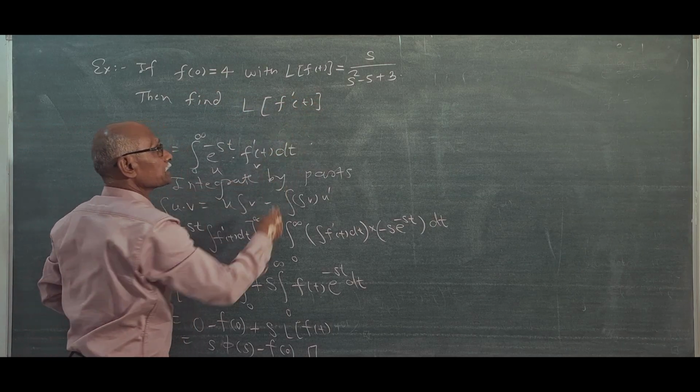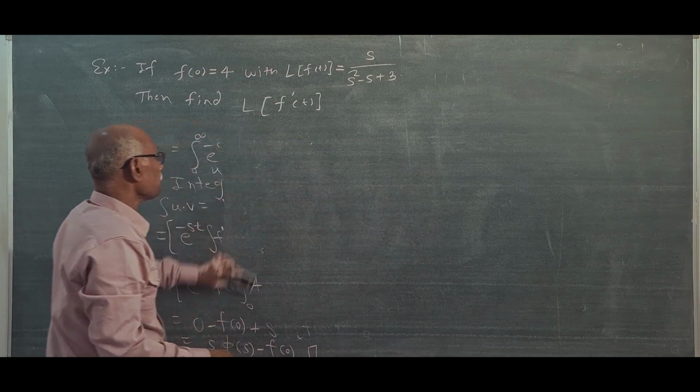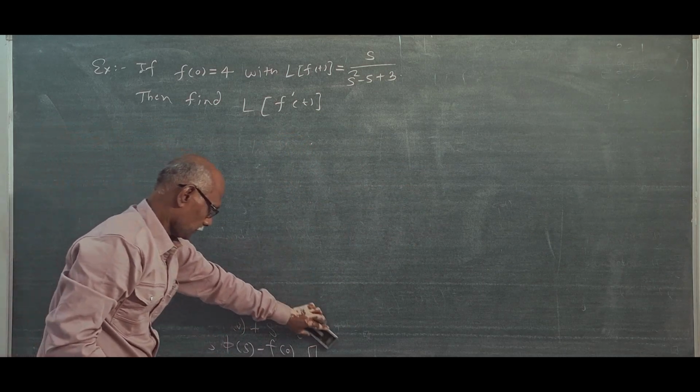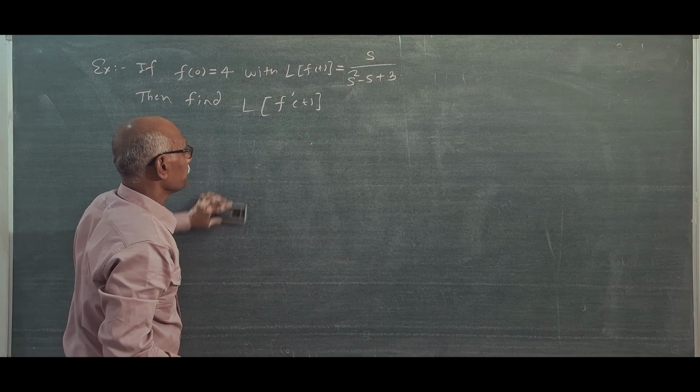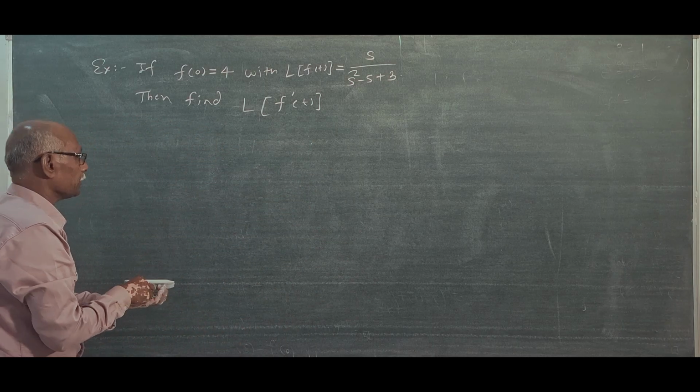See the method of asking the question. You are not given f of t. This is the trick. We don't require f of t. Directly we can find out Laplace of derivative.